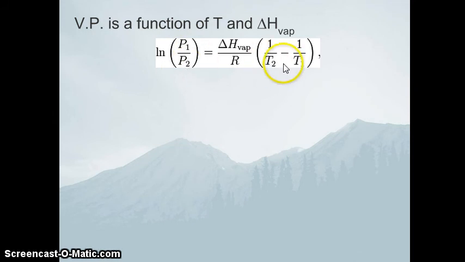Now, a couple of nuances about this equation: the units, again, are important. T1 and T2 have to be on an absolute temperature scale. For the vapor pressures, P1 and P2, it doesn't matter what the units are as long as they cancel out, and we're taking the natural log of it.